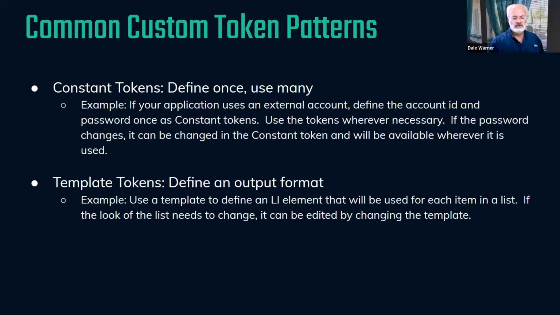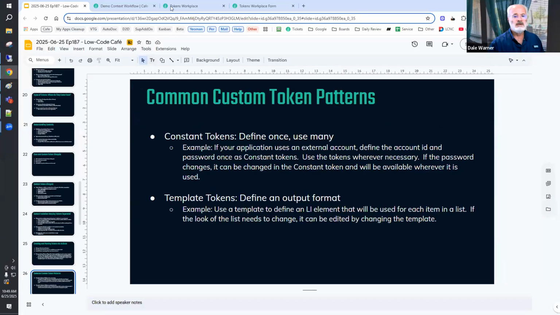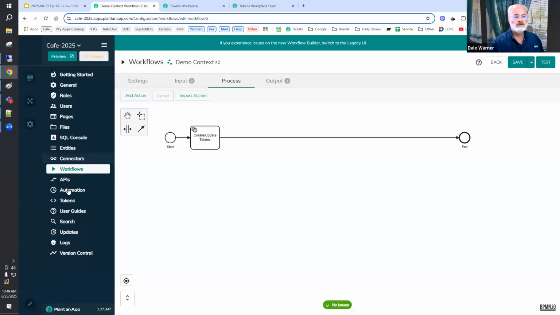It would be possible in every place that you use the actions having to do with SendGrid to encode your user ID and password there. But if it changes, now you have to know all the different places that you have used that. So define once, use many is a great pattern. So let's see how that works.